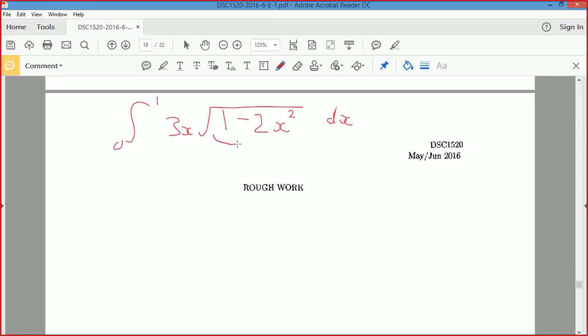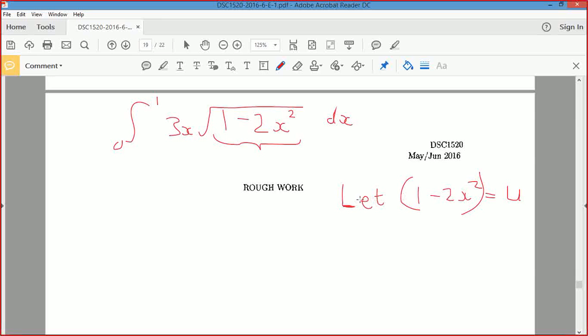So I can't find the integral of that because I've got a term underneath the square root. So I need to make the 1 minus 2x squared equal to u. They just use a random variable. It's like a dummy variable just to manipulate the mathematics in the original question, because working with u is easier than working with that whole bit there.